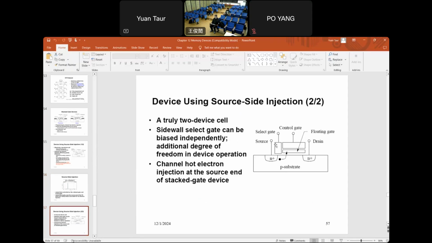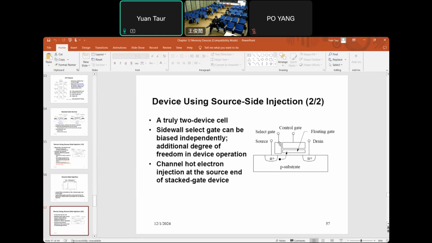And so this becomes the source side injection. A variation of that is to actually connect the sidewall to another gate voltage.